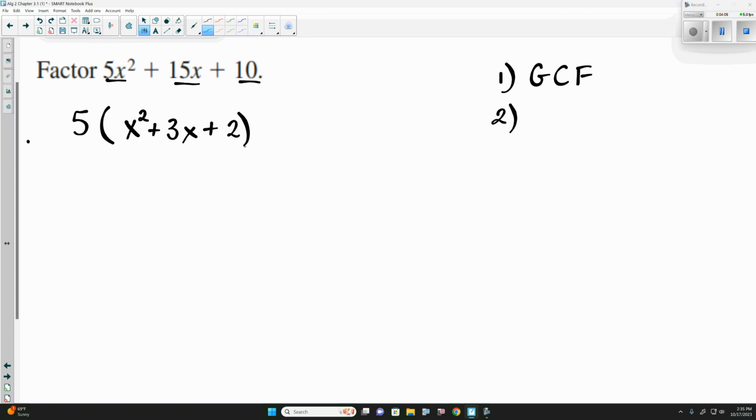Now, again, as I said, there are different methods to get to this, and the one that I find the most helpful is these steps that we're going to list out. The second one is to write 2 sets of parentheses with 3 spaces.